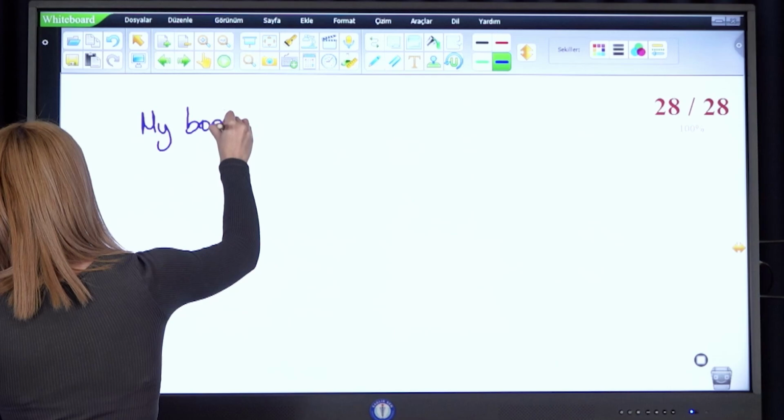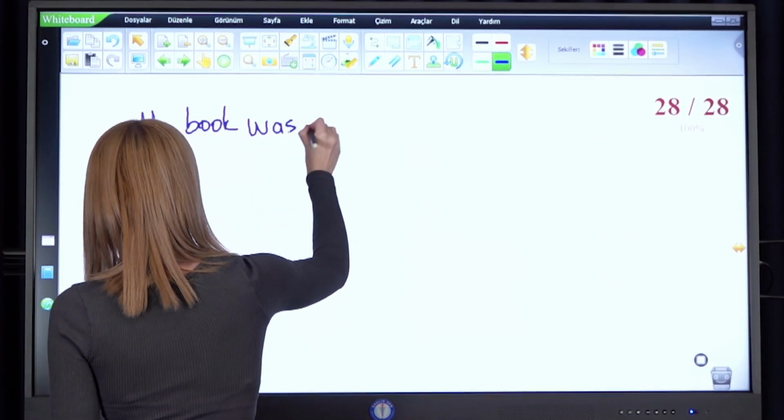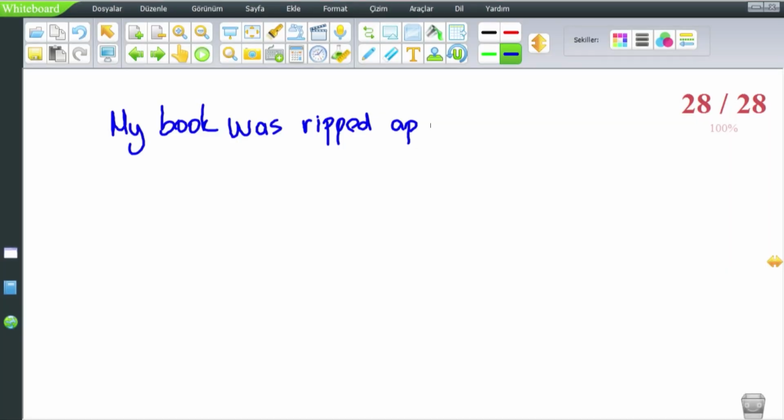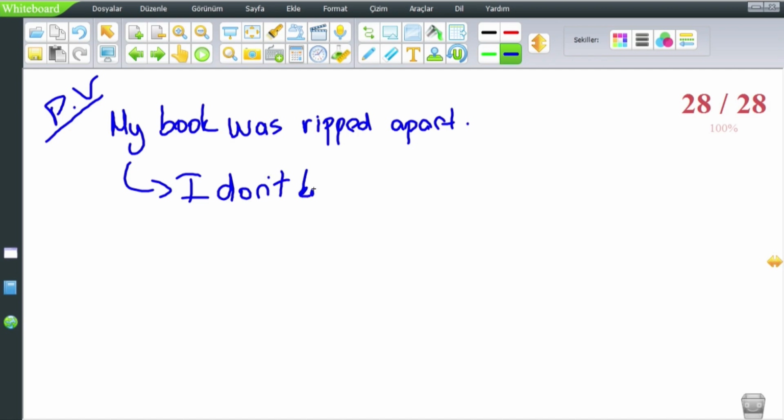My book was ripped apart. This is a sentence built with passive voice. And I can understand that I don't know the subjects.